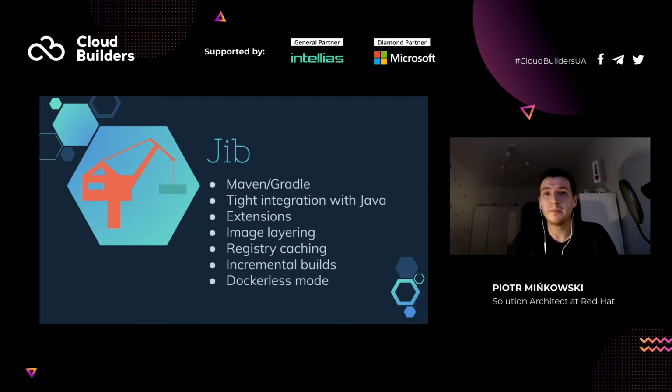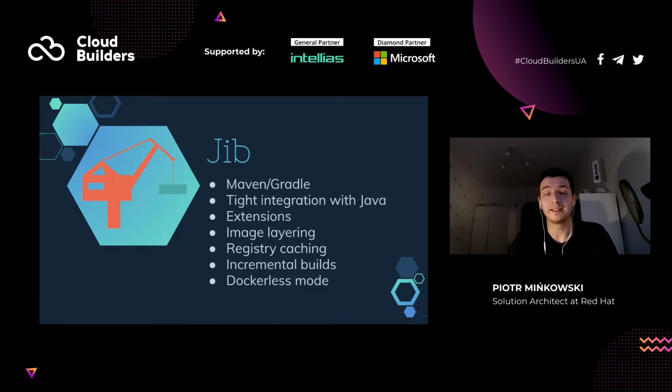But probably the most useful features for you would be a built-in image layering and the ability to work without a Docker daemon. Jib takes advantage of image layering and registry caching to achieve fast incremental builds. It is able to read your build config.